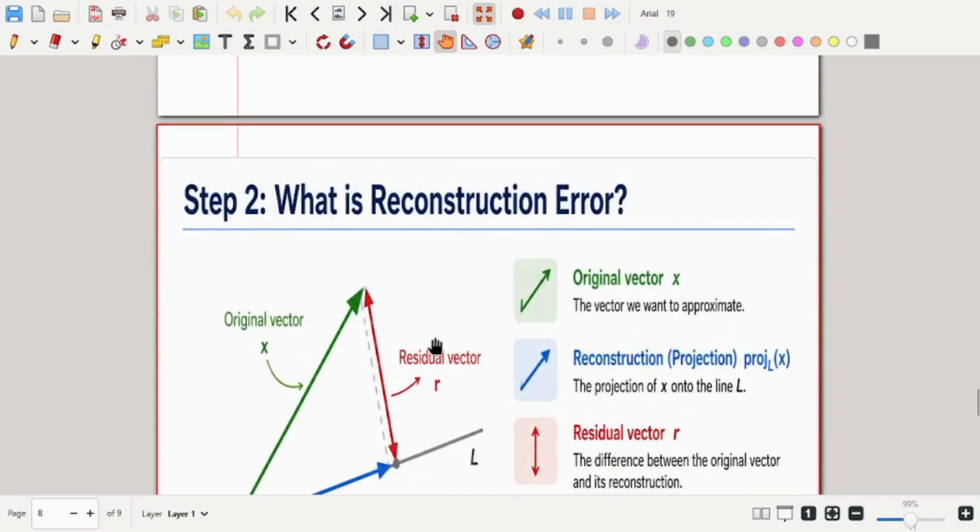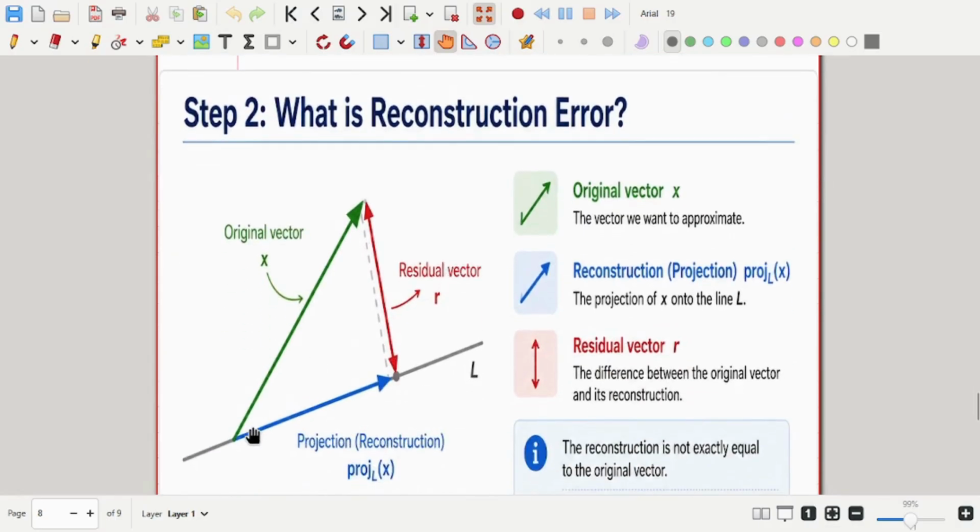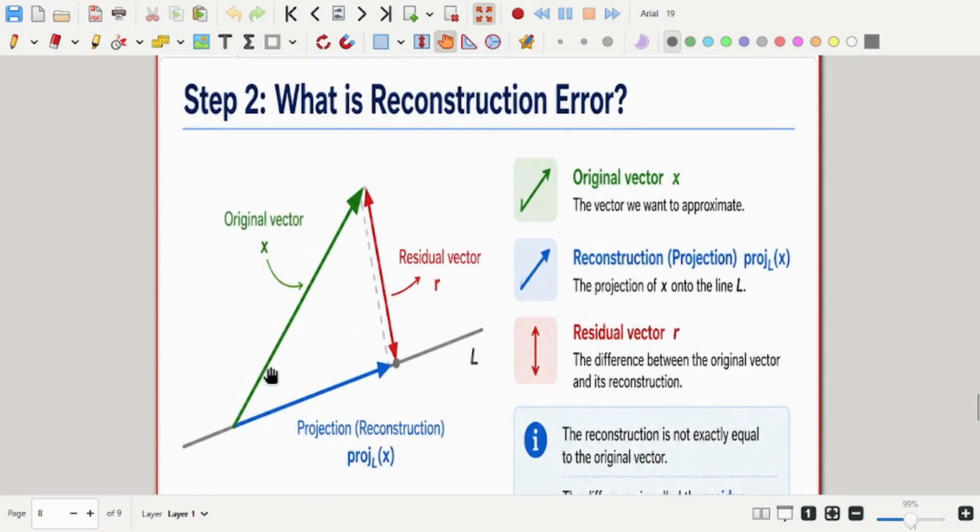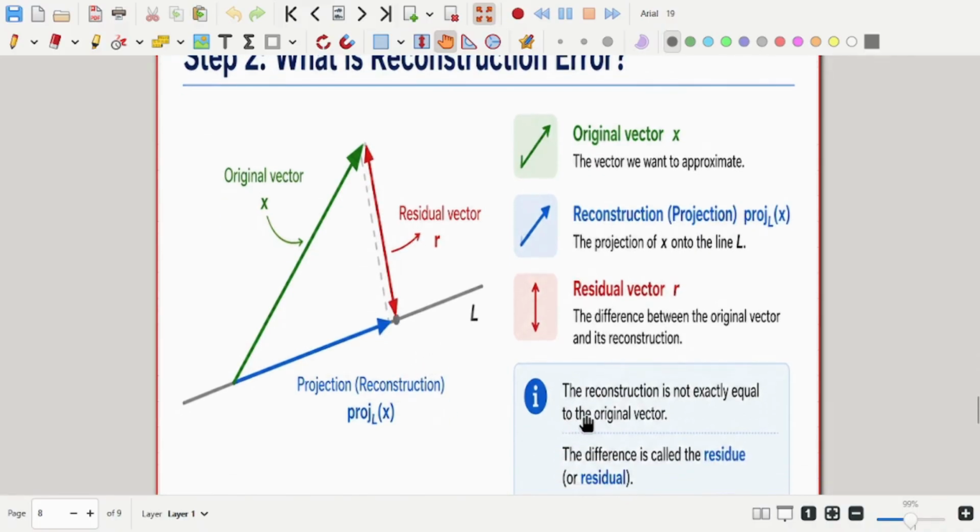So what is a reconstruction error? Look at the diagram. This green arrow means original vector, this blue arrow means projection of x on the line L, or it is called a reconstruction of x. So reconstruction is not exactly equal to the original vector. So the difference is called a residue.